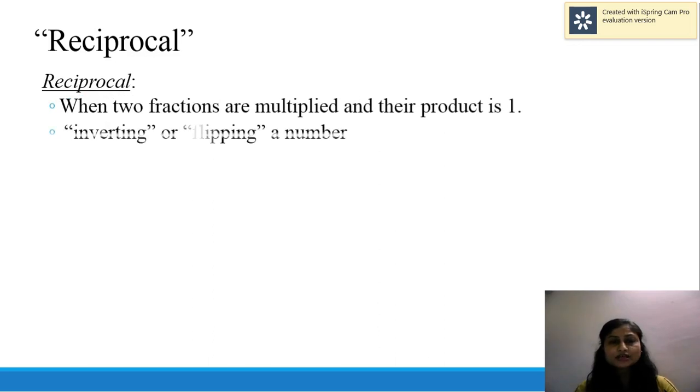when two fractions are multiplied and their product is 1, then we call them reciprocals, or in another term you can say inverting or flipping a number. For example, 2/3 multiplied by 3/2 is equal to 1, because 2/3 and 3/2 are reciprocals of each other.